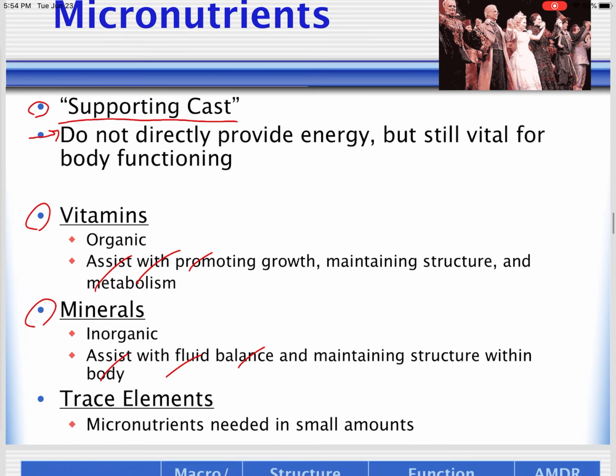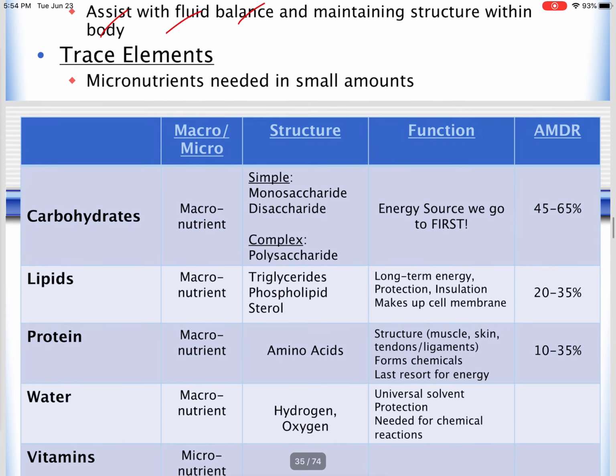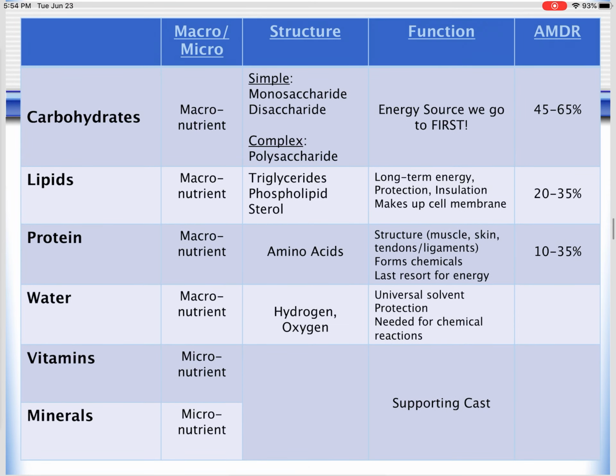Suffice to say, these are the supporting cast. And again, here's a nice summary, same one as before. The 6 nutrients, their basic structure and function, and in many cases, for carbs, fat, and protein, I'd like you to know the percentage of diet recommendations.